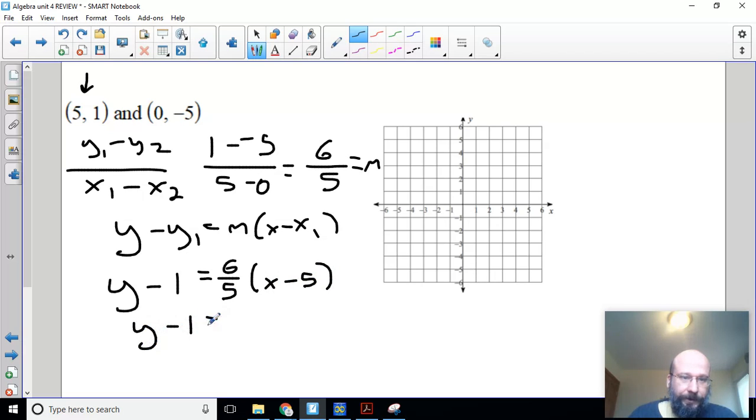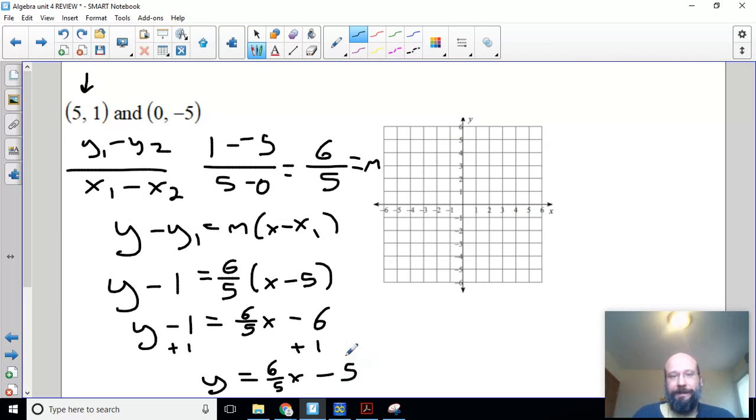So y minus 1 equals 6 over 5x, and 6 over 5 times -5 is -6. Calculator will help you out with that. 5's cancel. And then I'm going to move this -1 over by +1. And y equals 6/5 x minus 5. -6 plus 1 is -5.